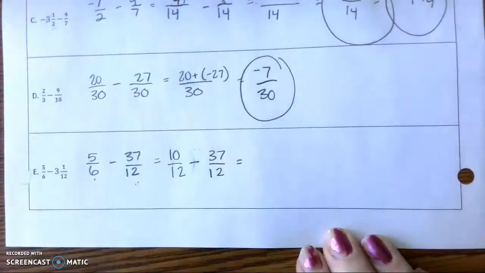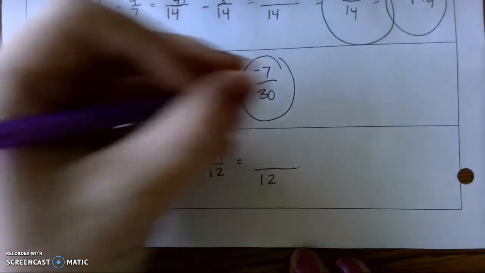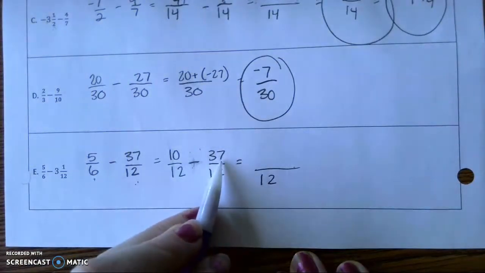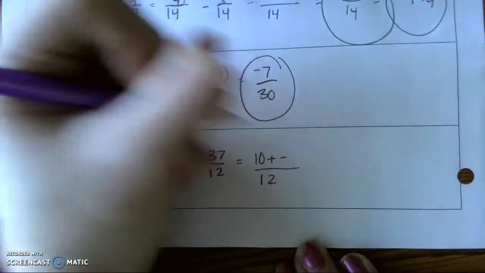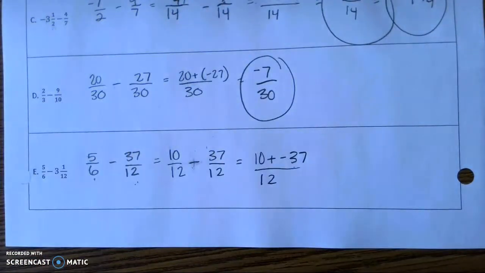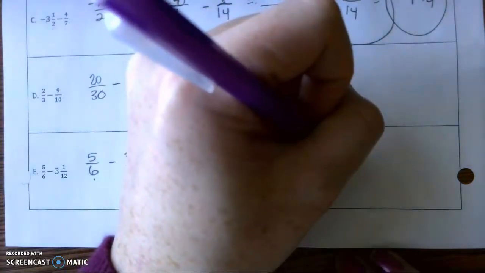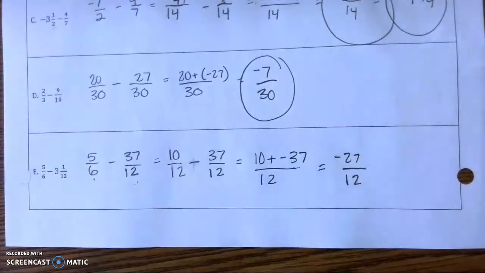And then now we can do everything together. So I know my denominator is going to be 12. And if I do 10 minus 37, I can rewrite that as addition using 10 plus negative 37, because we add a line and change the sign, right? Same thing. Okay, so after I do that, 10 plus negative 37 gives me negative 27 in the numerator and 12 in the denominator.